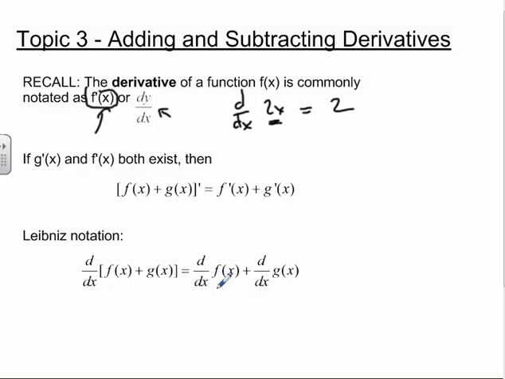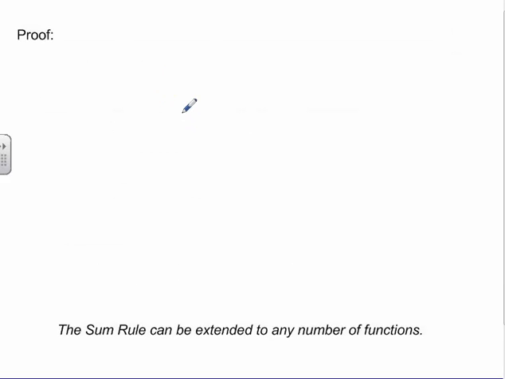Here's some notation for our next rule then. We're going to talk about what would happen if you want to find the derivative of two functions that are being added to each other. And the rule basically is, you take the two functions and you derive them each individually, which, to be honest, I've actually already been doing in some examples. I just haven't talked about this yet, but I want to do a proof of it. So here's a proof.